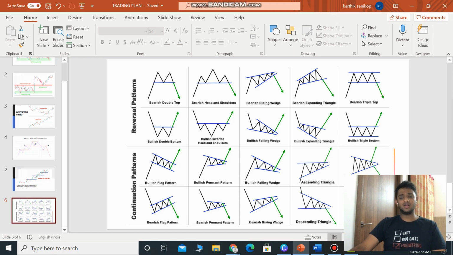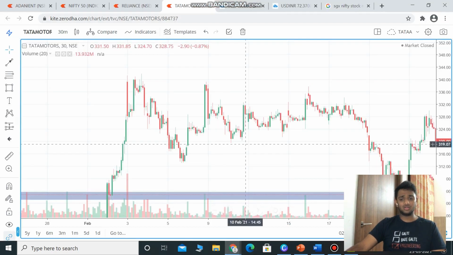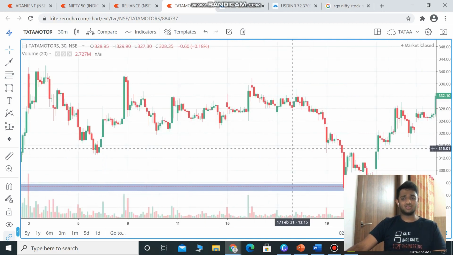If it is in a bullish wedge pattern, you keep seeing a continuous trend. When you are expecting a reversal, the stock would have broken on the support side. When it breaks on the support side, you keep seeing it on a bearish move.